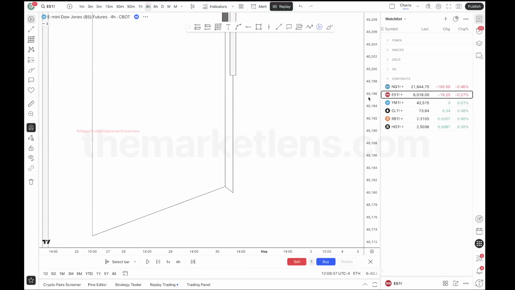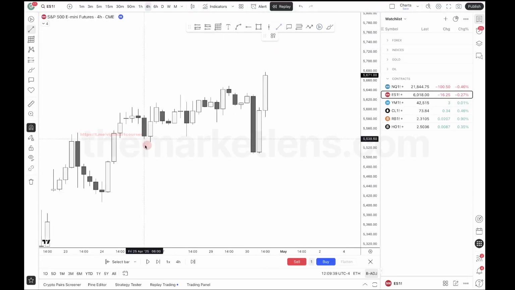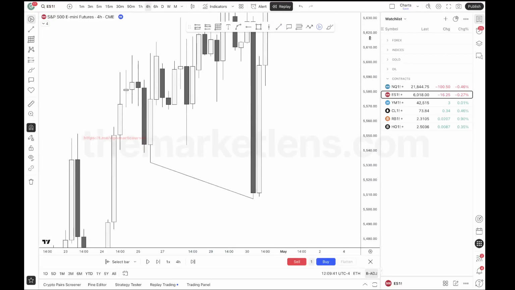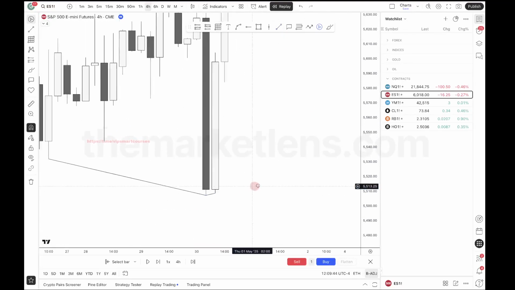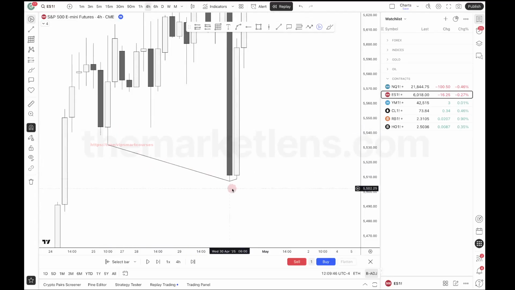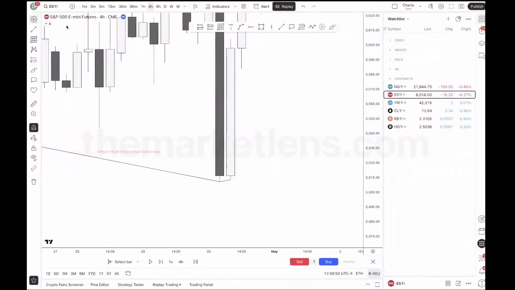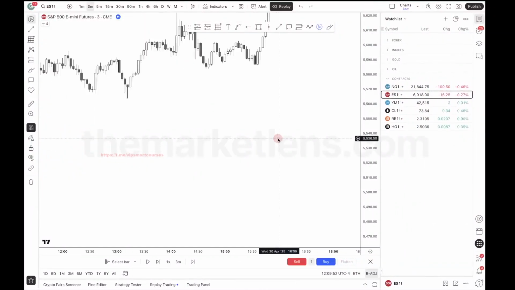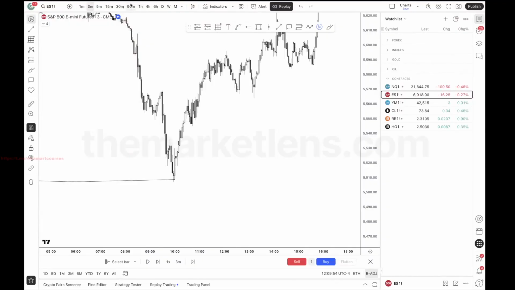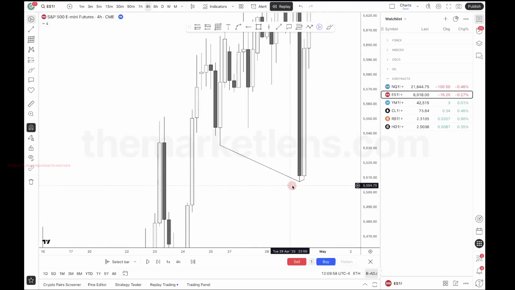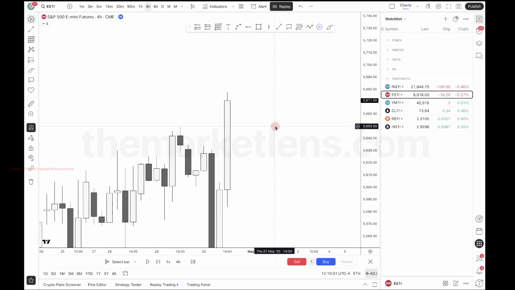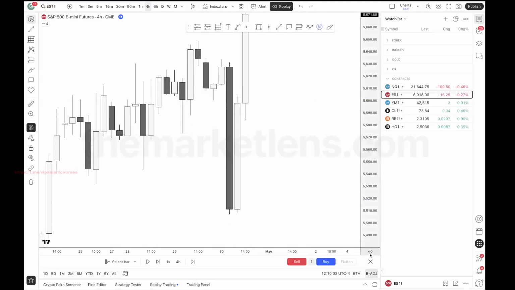If I go on ES, this is your higher time frame, and then your lower time frame divergence. See, it's like a roof. It's inverted, so it looks like that. So it doesn't matter if I go to like the 3 minute or whatever, you're typically going to see it, right? Or just your previous candle's lows. It doesn't really matter what you view it on, to be honest. You just have to have that SMT switch.